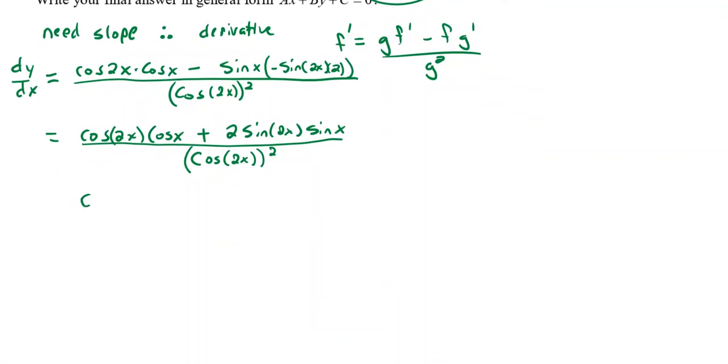So this would become cos 2 times pi over 6, and then cos pi over 6, plus 2 times sine 2 pi over 6, and then sine pi over 6.